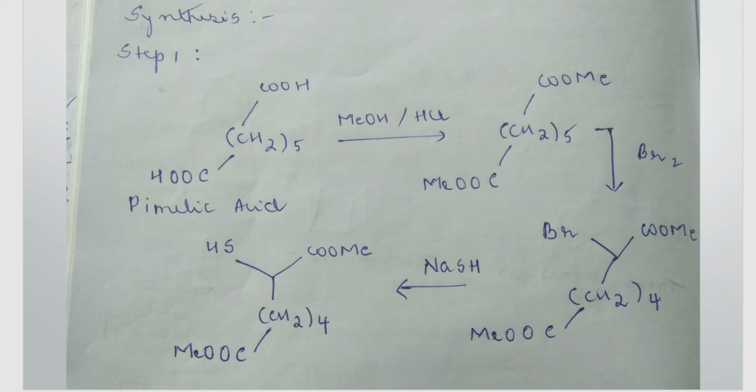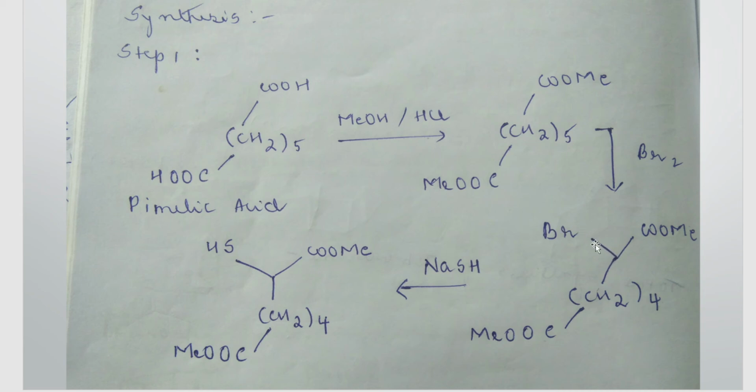So how many bonds does that carbon have here? Initially it was CH2, correct. One of the hydrogens will be replaced by one of the bromines, and that hydrogen will go out as HBr, because there is Br2, and one of the bromines will attach in the place of that hydrogen.